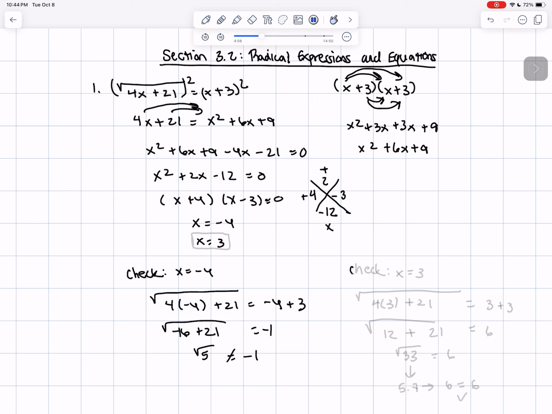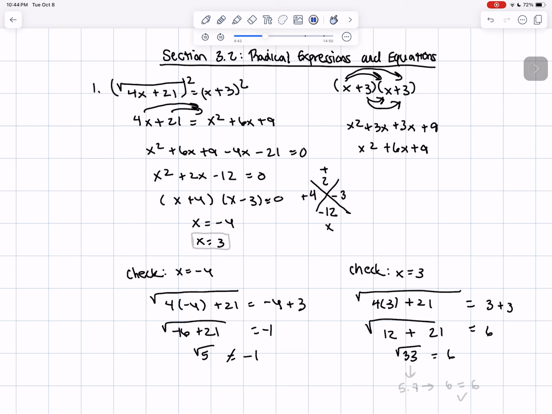What about 3? Does 3 work? Let's try this one. So we get 6 on this side, 12 plus 21 on this side. We get 33.